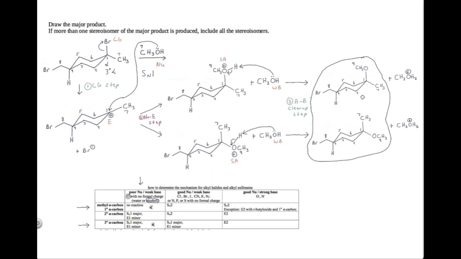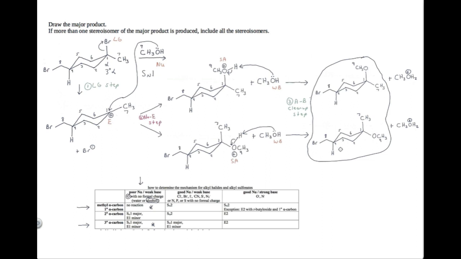You should know that to accurately show stereochemistry for chair cyclohexane, it has to be clear which of the substituents is axial and which is equatorial. Notice that to show that this substituent is axial, it should be pointing straight up, or in this case, straight down. The axial substituents should point straight up or straight down.